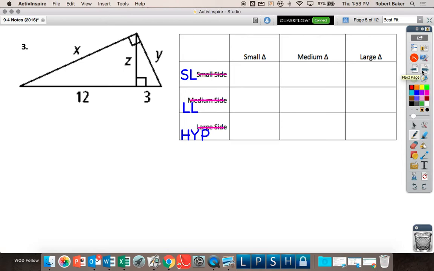What should you be doing? Drawing 3 triangles.